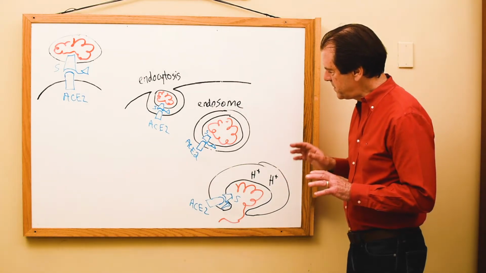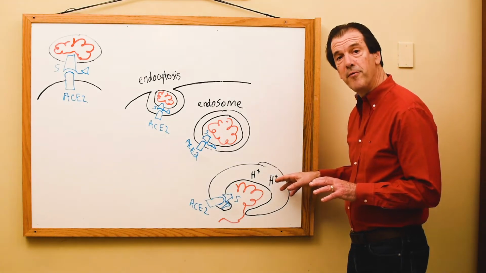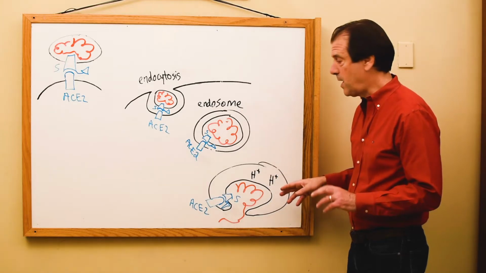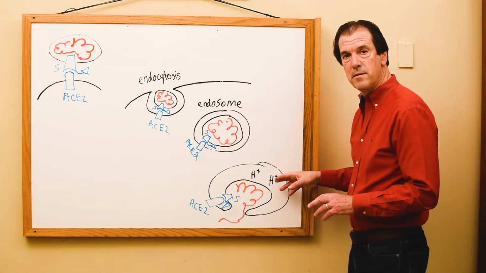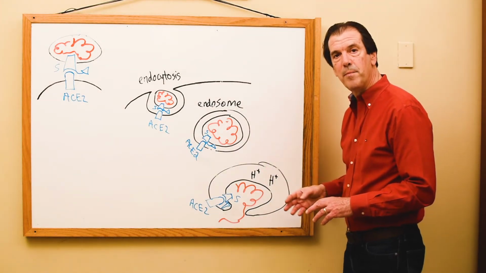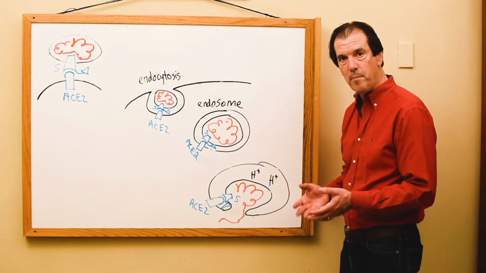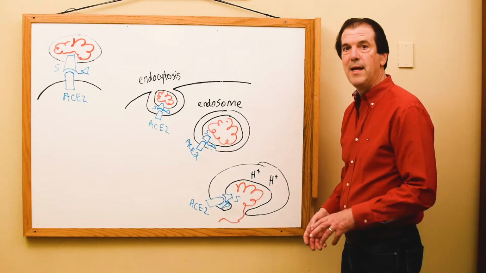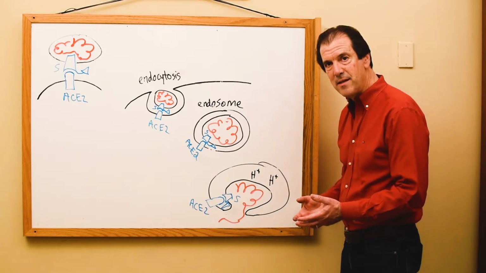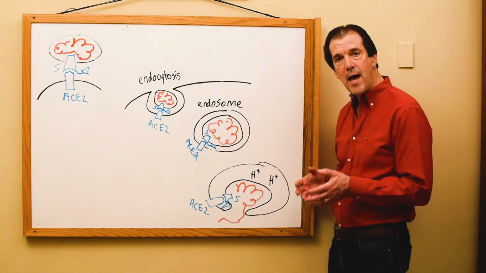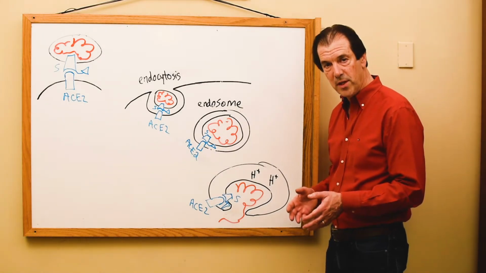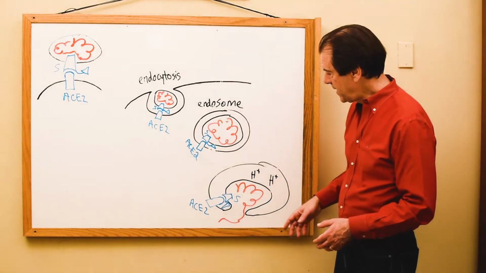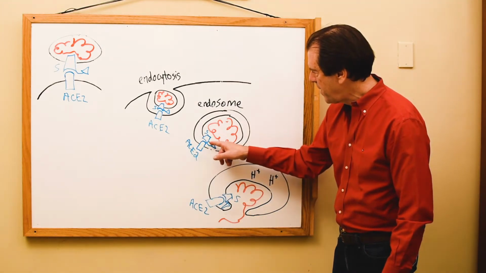So what happens is, if you remember from chemistry, those of you who took chemistry, protons enter into the endosome from the cytoplasm, and those protons are what makes the inside acid. As the inside gets acid, that actually turns on a pair of these molecular scissors that can now clip the bond, that bond there.